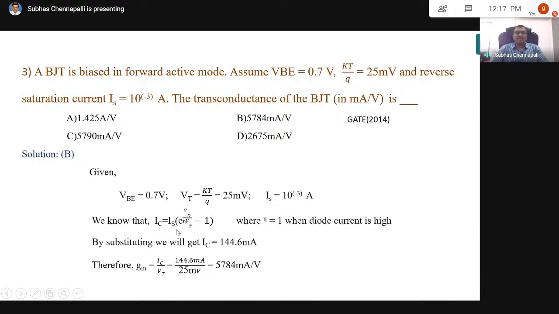Collector current is saturation current times the exponential, this is the diode current formula. Take eta equal to 1. Then IC we arrive at, with the given parameters, is 144.6 milliamperes. Then what is asked is GM, transconductance, IC by VT. IC we have calculated, VT is given, so it is 5784 milliamperes per volt. This is the answer.